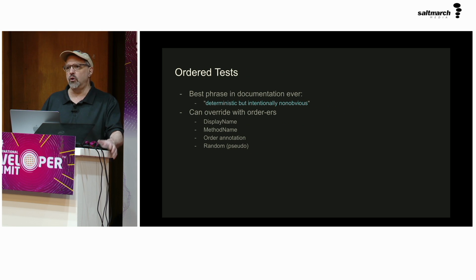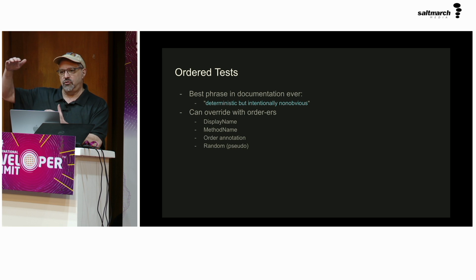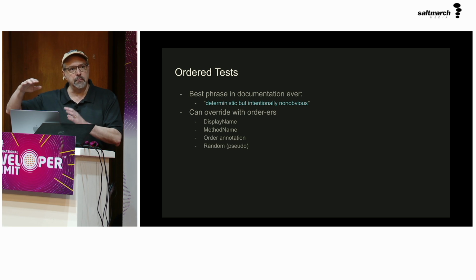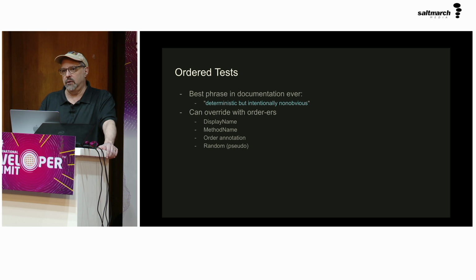And now, ordered tests. This has one of my favorite phrases in any Java doc, or not Java doc, but the actual reference docs anywhere. If you look and see what order do JUnit tests run in, and I don't mean the classes. I mean, if you have a single test with, say, 10 tests in it, what order do those tests run in? If I asked you, you'd probably say, I don't know, top down, or you might say alphabetical, or, I mean, it could be anything, right?